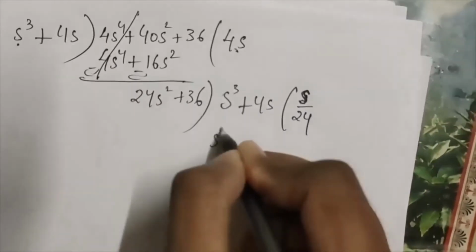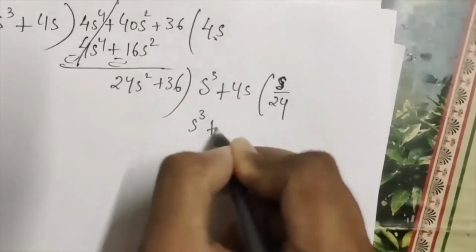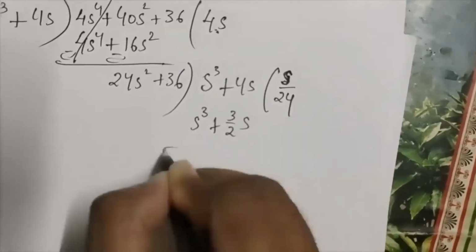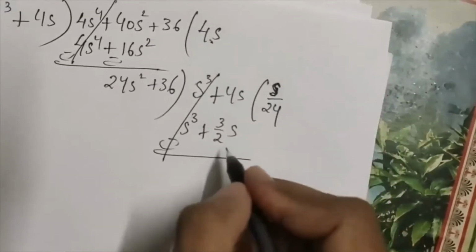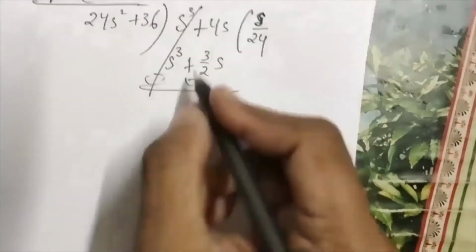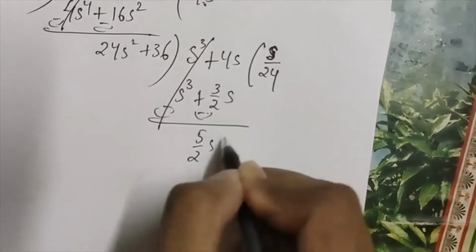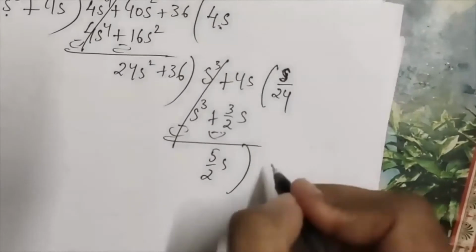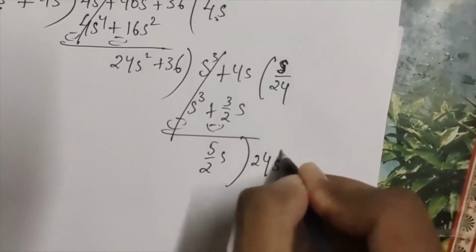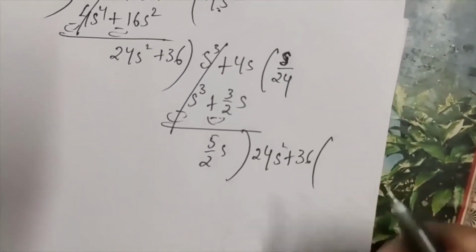So this becomes S cube and this becomes 3 by 2S. So here I will get 5 by 2S. So the remainder is positive, 24S square plus 36.